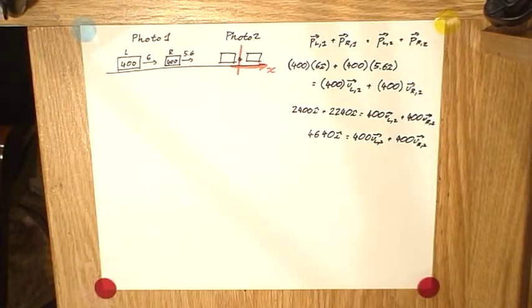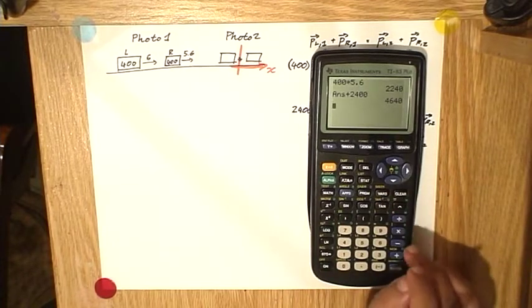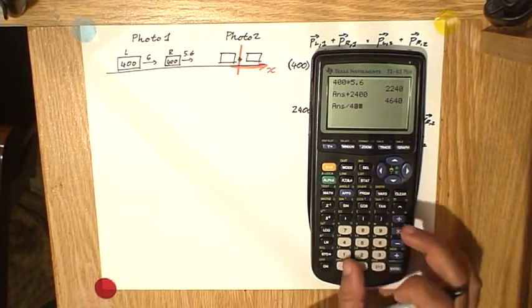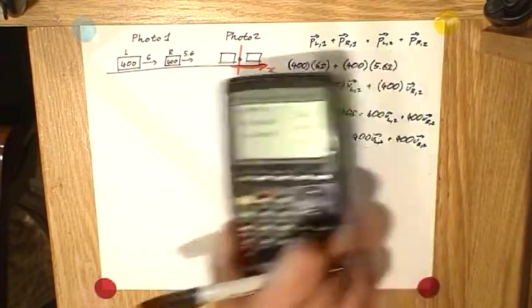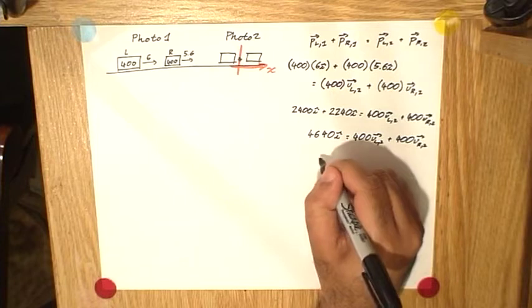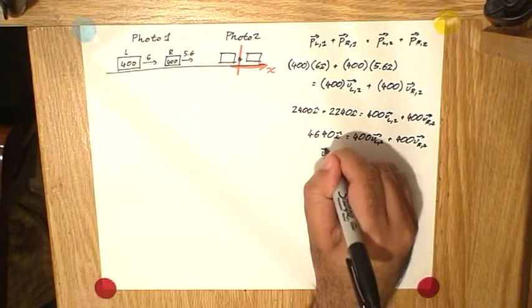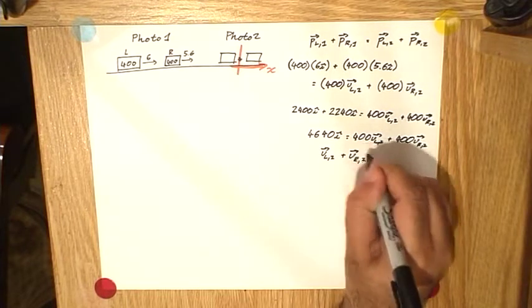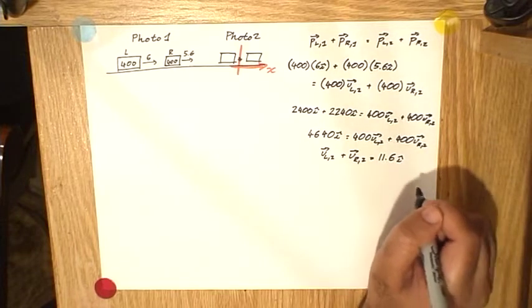To make this still simpler, I'm going to divide 4640 by 400, so that this entire equation can be written in simplest terms. If I were to flip the sides over here, that would give me the velocity of the left car in photo 2 plus the velocity of the right car in photo 2 is equal to 11.6 i hat.